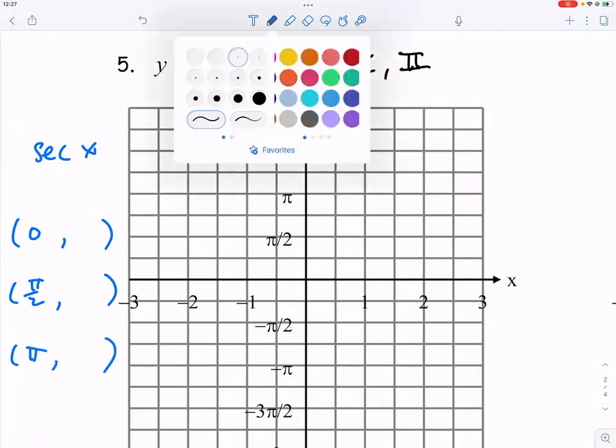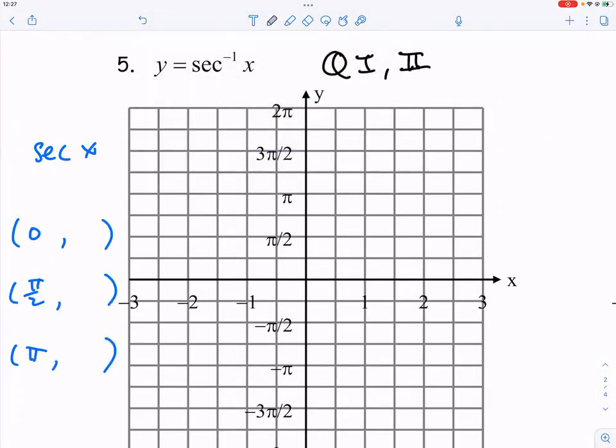If it's secant x, that means I can also think about this as 1 over cosine x. So that's going to help me figure out the values. What's cosine of 0?